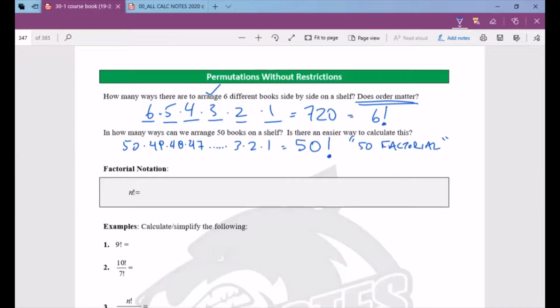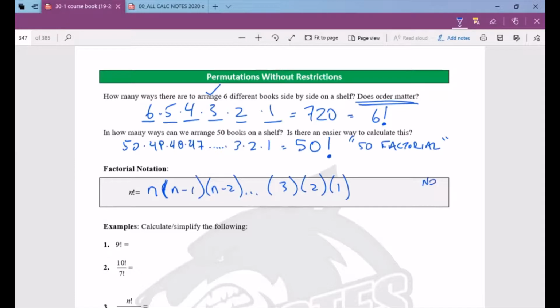Our mathematical definition of what n factorial is: it means this number n multiplied by 1 less than n, which is n minus 1, then 1 less than that, which is n minus 2. And you're going to keep going down. These 3 dots infer that this pattern repeats until we get to 3 times 2 times 1. So that is our definition for factorial notation.